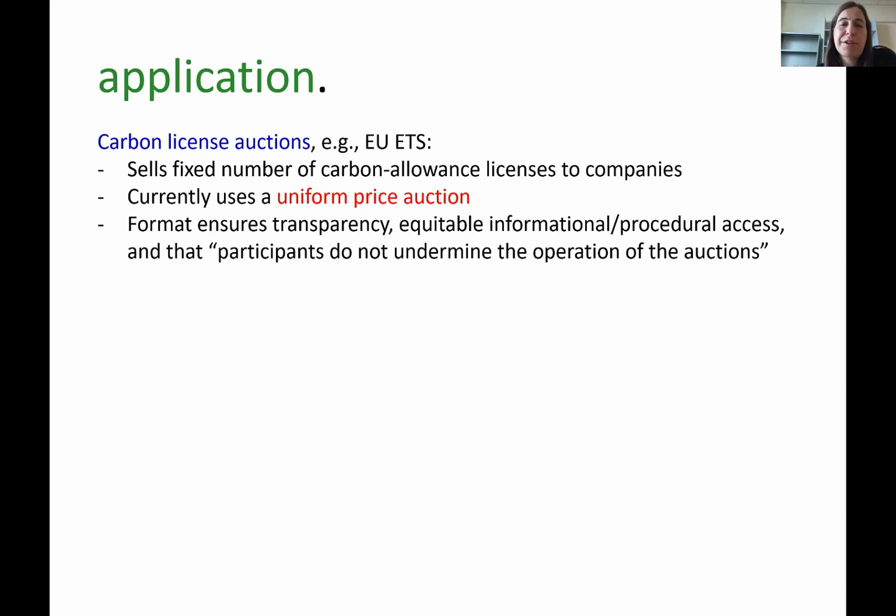They think of the uniform price auctions as allowing some kind of equitable access to various firms, both in terms of the information that is available about the market and in terms of the procedure of entering these auctions. And they also like uniform price auctions because it helps guarantee that participants do not undermine the operation of the auctions.